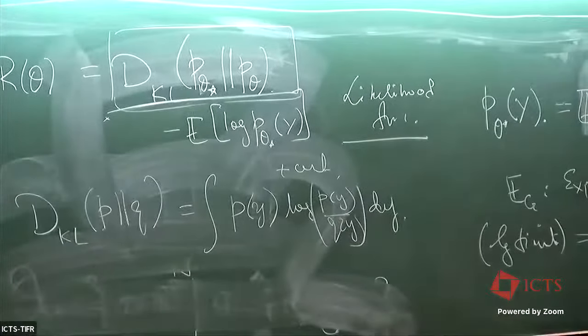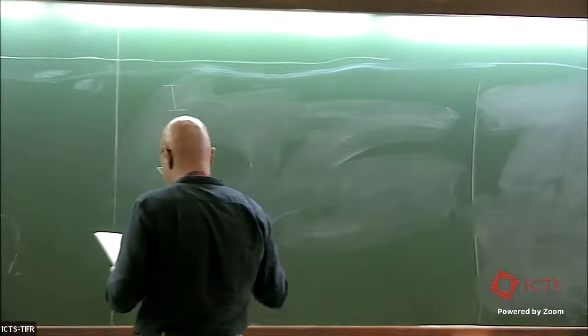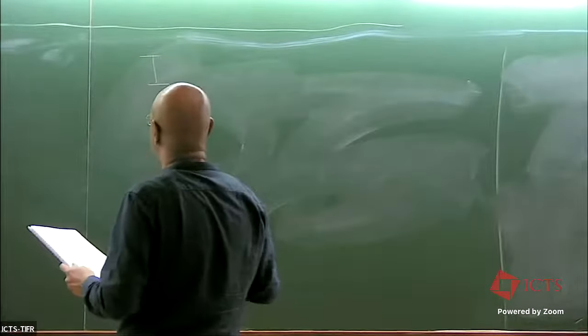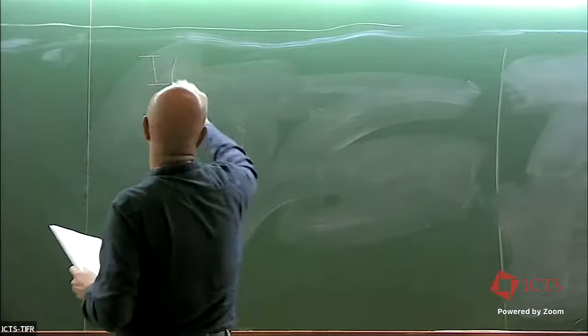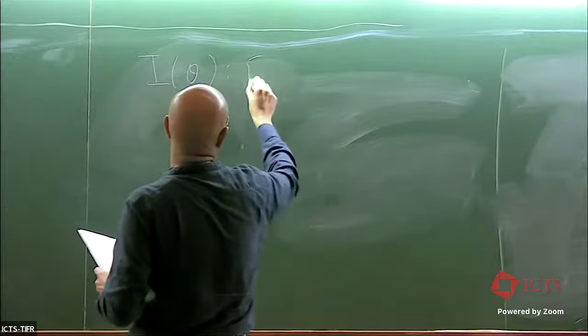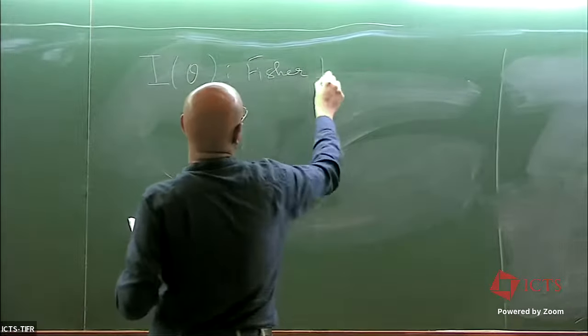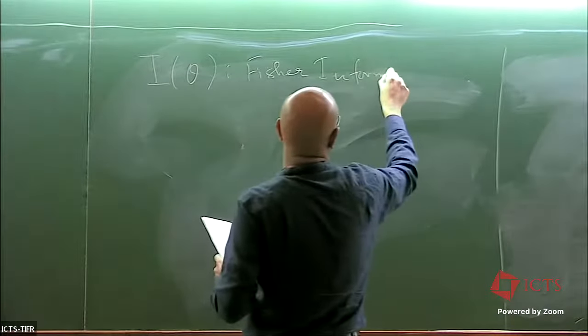We are close to the end of the cast of characters that we are going to introduce, but please bear with me as I introduce one of the last ones. This is the so-called Fisher information matrix.